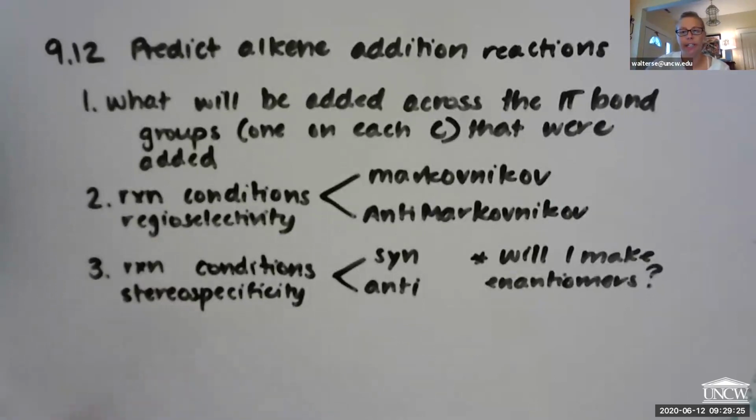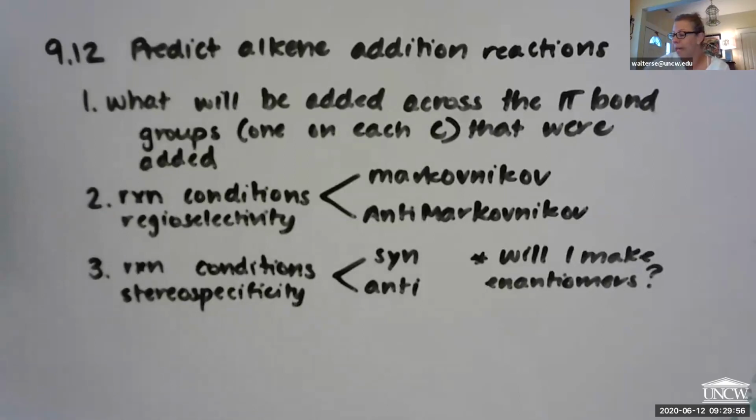If you see the product and the conditions, you have to know what the alkene substrate was. If you see the reactant and the product, you need to know what the conditions were. We can do some of them, but they're not going to be particularly helpful in terms of helping you see where you stand in terms of, do I understand the material? If you still have to go back into your notes, you can't do that on Monday at the exam.